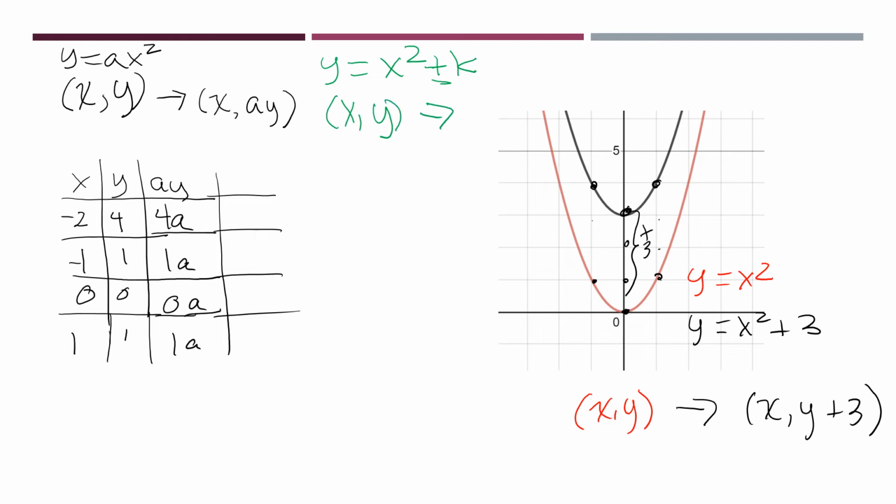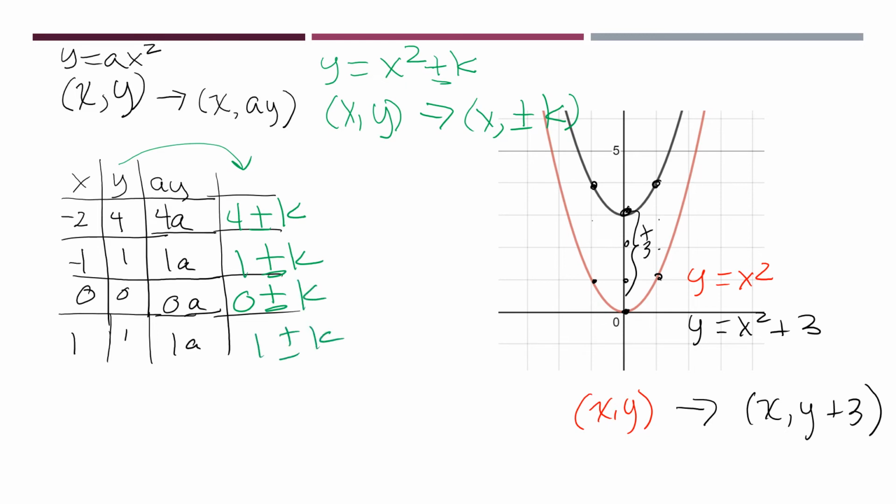So x and then plus or minus k. Going from here to here would be 4 plus or minus whatever k is, 1 plus or minus whatever k is, 0 plus or minus k, 1 plus or minus k.